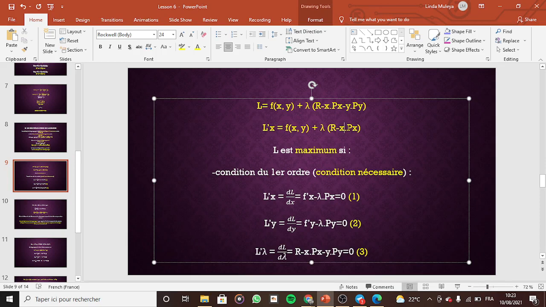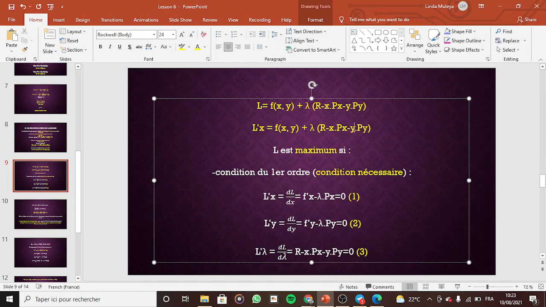X times price of x minus y times price of y. So at this point it looks the same as the formula on top, except we will now be differentiating in terms of x.